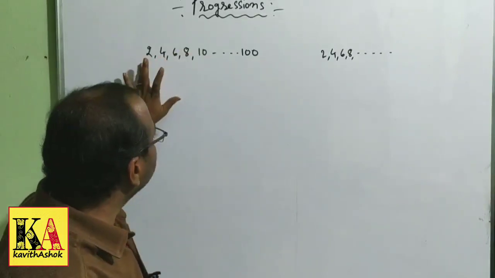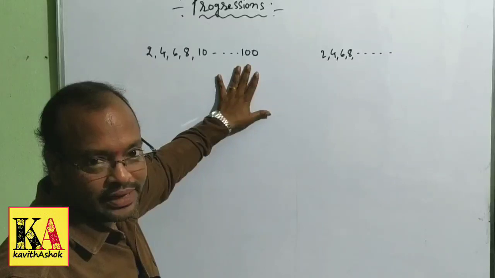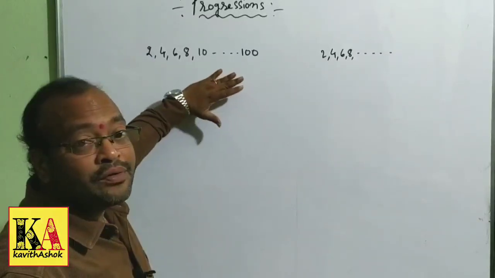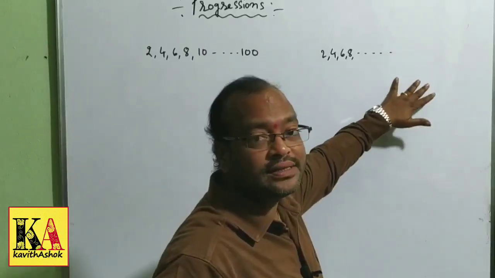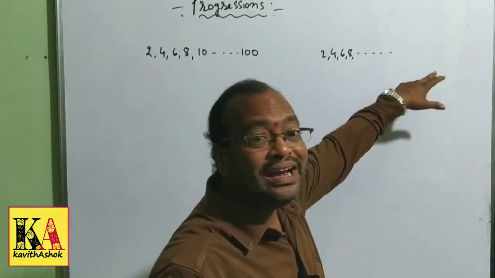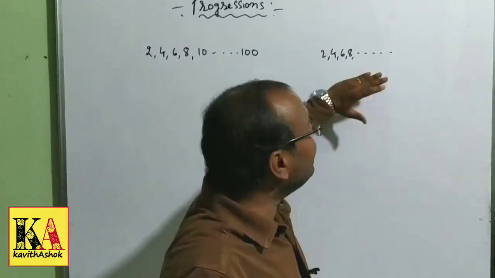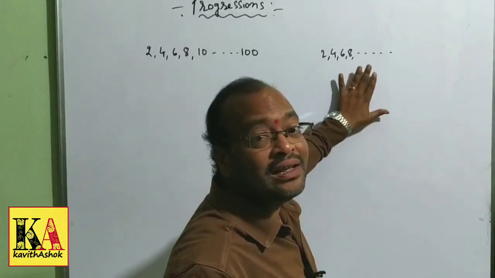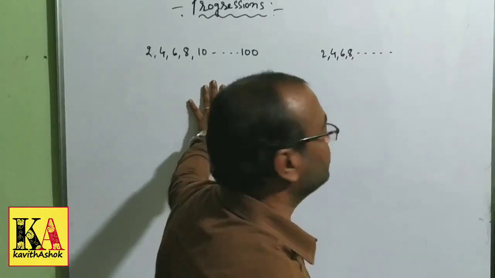Here a finite number of terms are there, the starting term and the ending term. If the starting and ending terms are there, we call this a finite sequence. And this is an infinite sequence, because there is no end element, only a starting element. This is an infinite arithmetic progression, and this is a finite arithmetic progression.